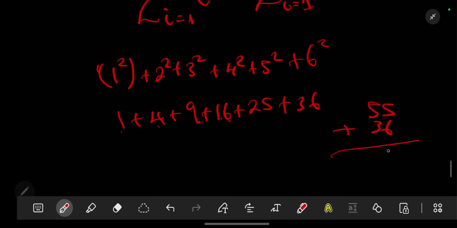This will give us 91. So we are going to have 91 for this.